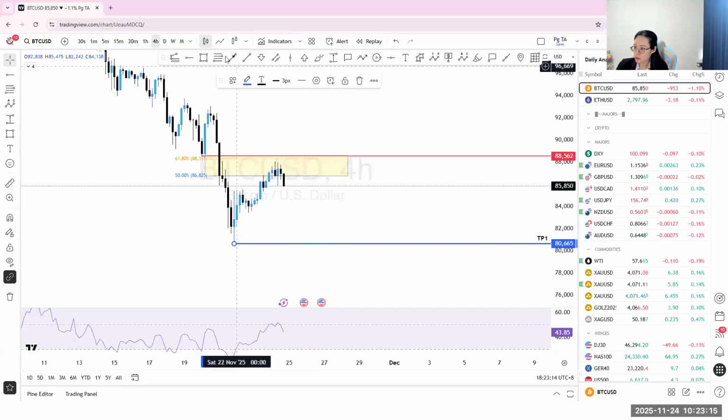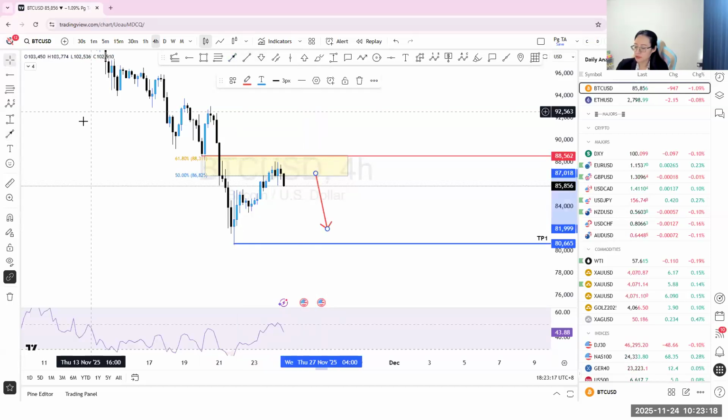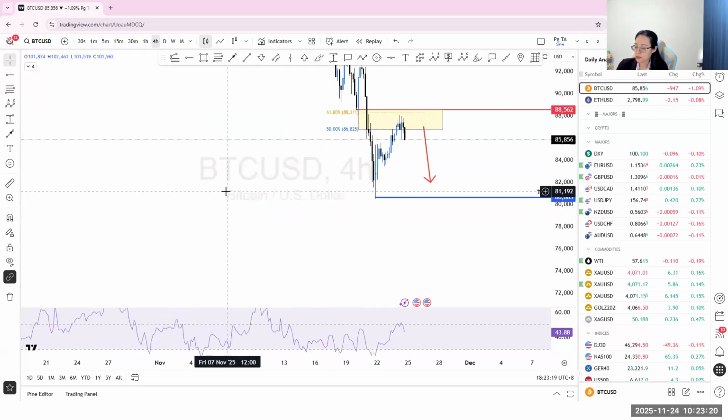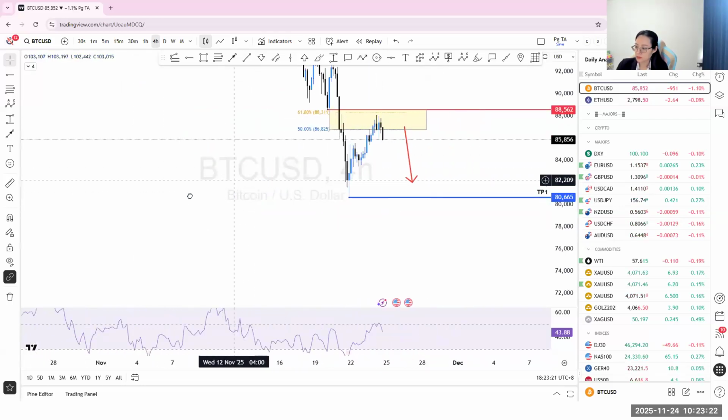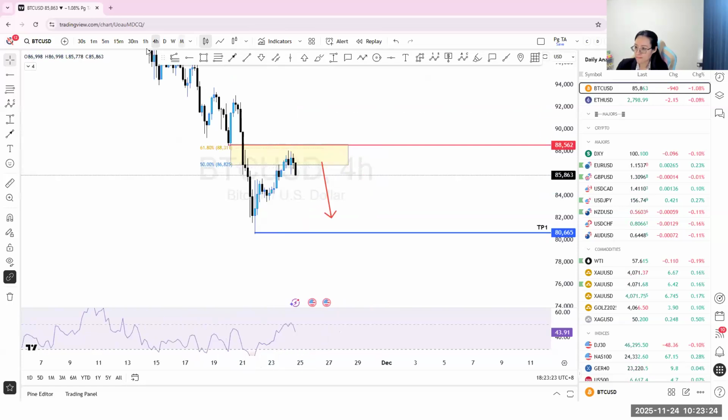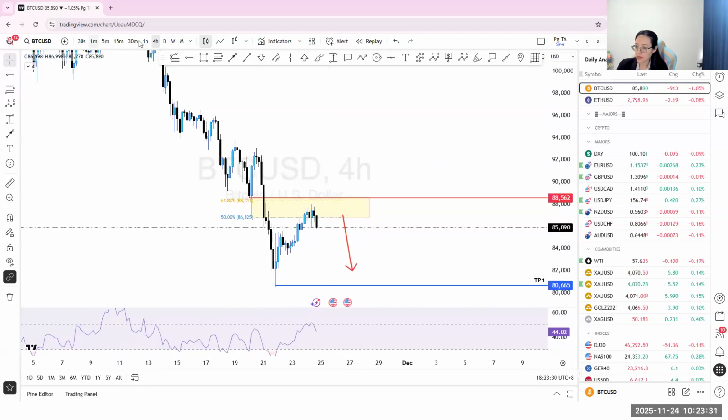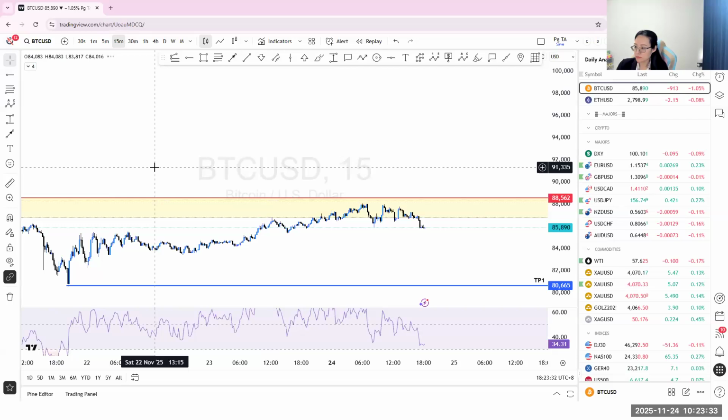And this is your sell. See, you need to watch here. Why we say this is because I have brought up the BOS, right? Lower low, lower high, lower low, lower high.